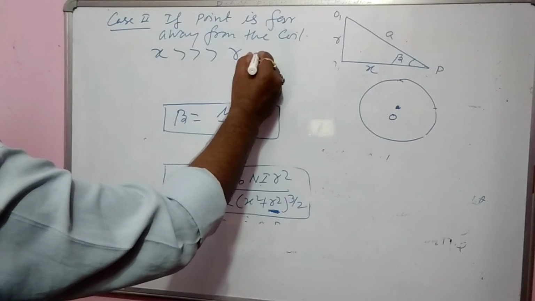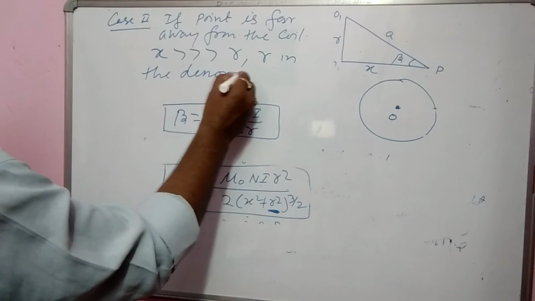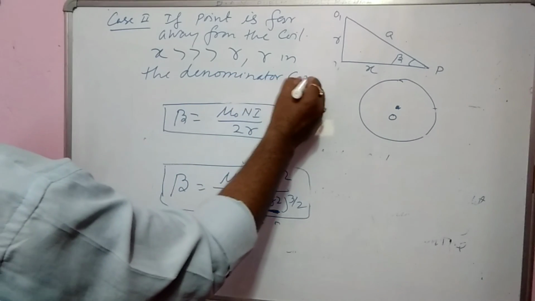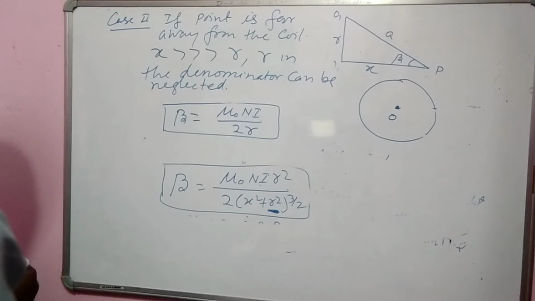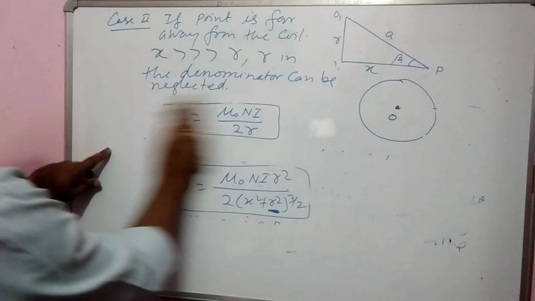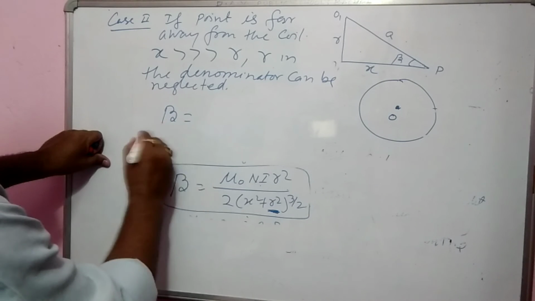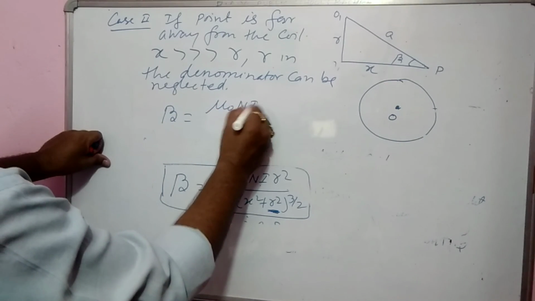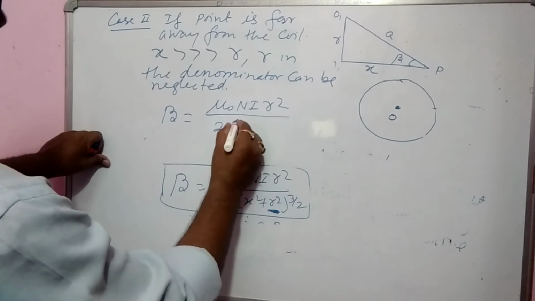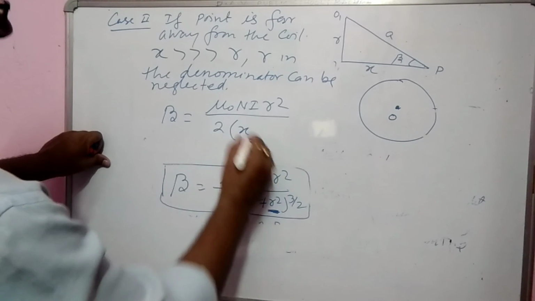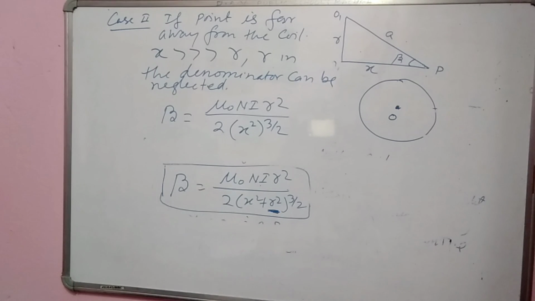So r in the denominator can be neglected or dropped. Therefore, using this expression, B is equal to mu naught n I r square divided by 2 into x square to the power 3 by 2, where r square is neglected.